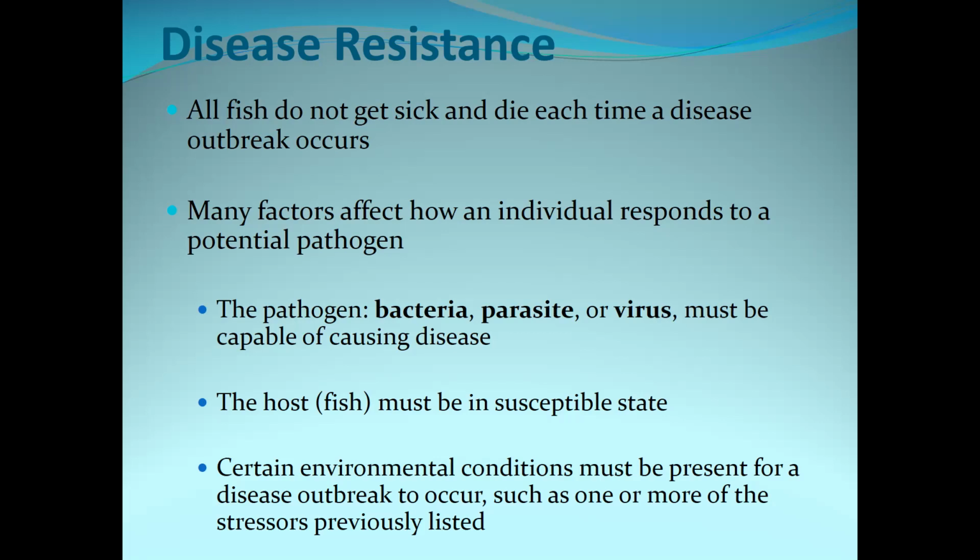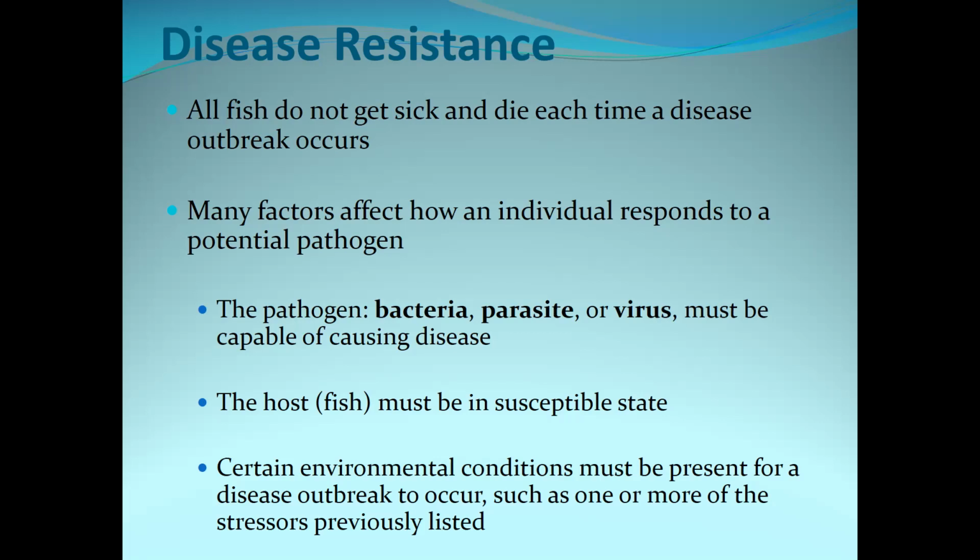That is normal and expected because we are all humans, but we have different immune systems. We have different ways our bodies react, even though we are the same species. It's the same thing with aquatic species. Not all get sick and die each time a disease outbreak occurs. Normally, the most vulnerable, the most susceptible, are the ones that show the effect.